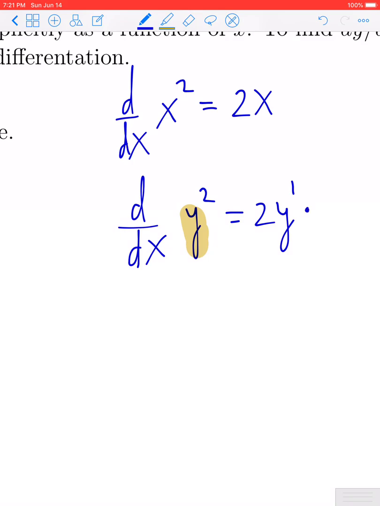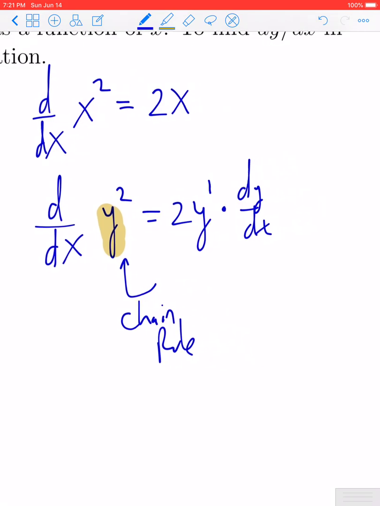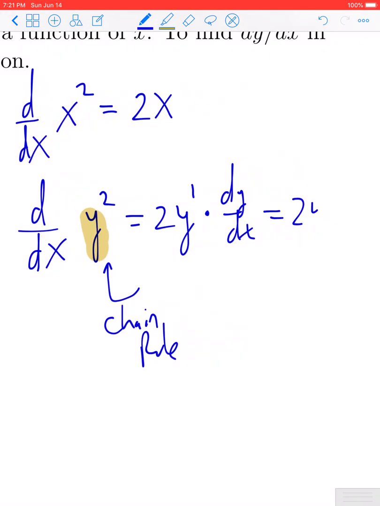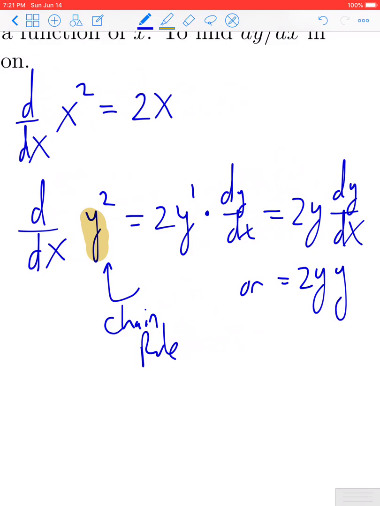But now from the chain rule, we need to multiply by the derivative of the inside thing. Well, what is the derivative of y with respect to x? That is dy dx. So this is going to be 2y dy dx. Or if we use the y prime notation, we could call it 2y y prime.